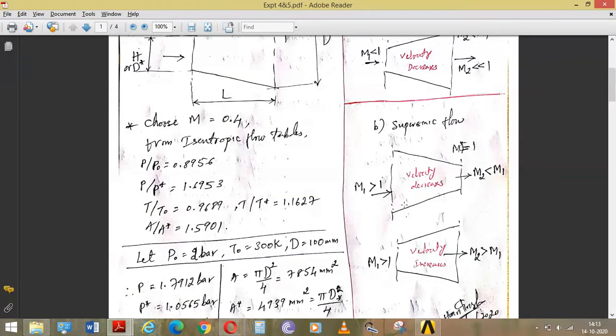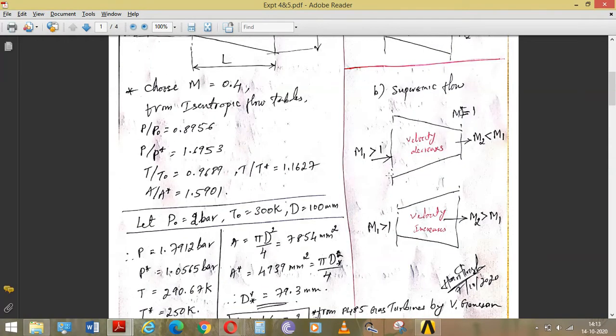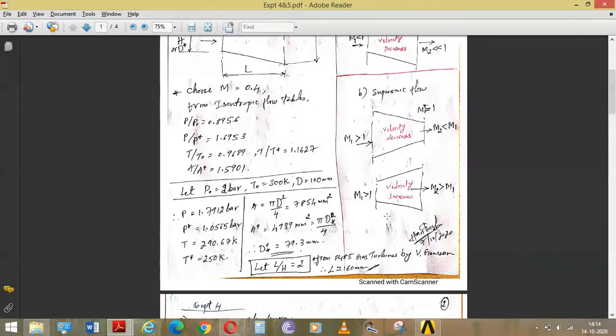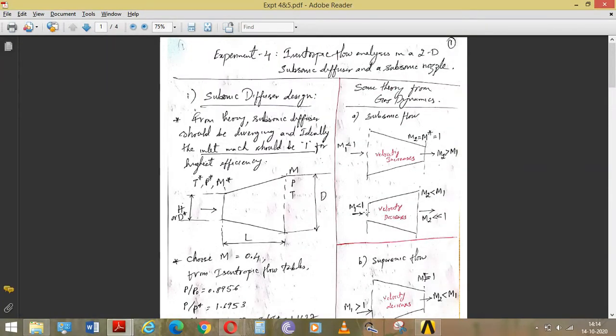But when the inlet flow is supersonic, if the duct is converging, the duct will act as a diffuser. With the same supersonic inlet, if the duct is diverging, it will act as a supersonic nozzle. This is the very basic theory of ducts in gas dynamics.